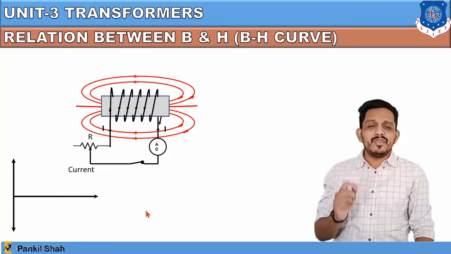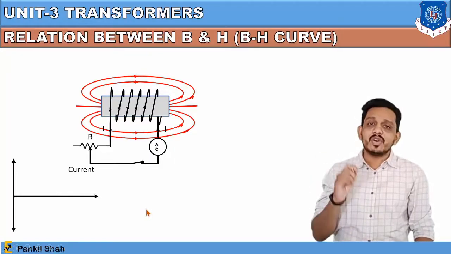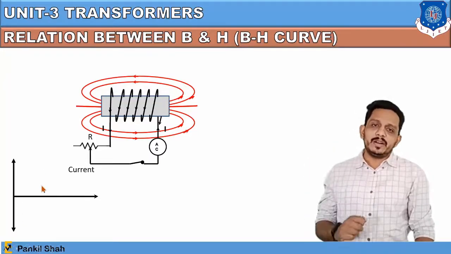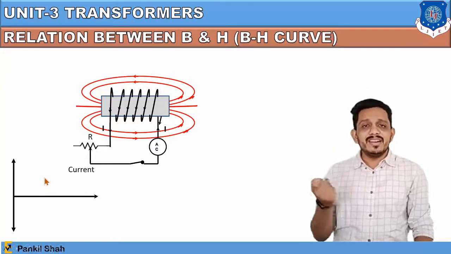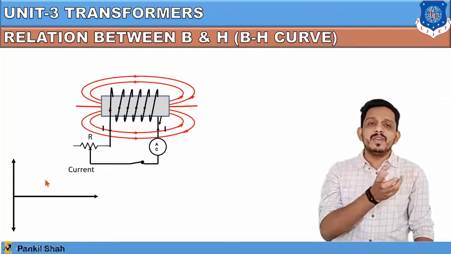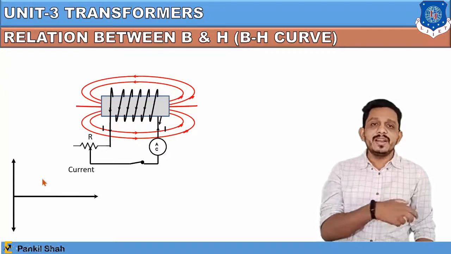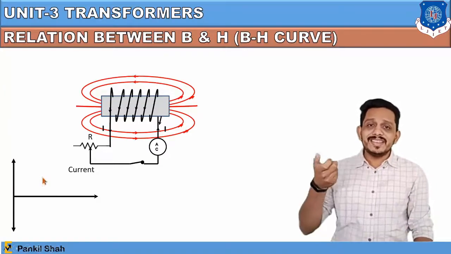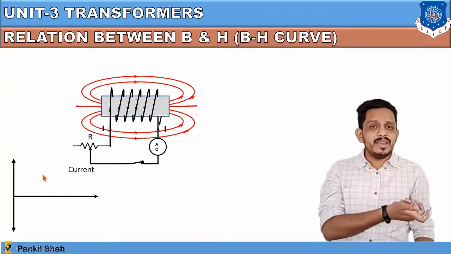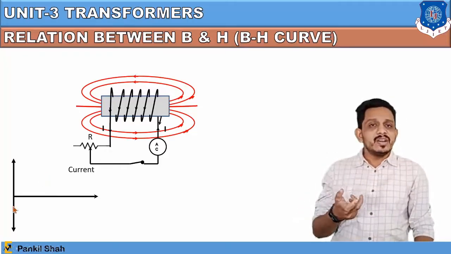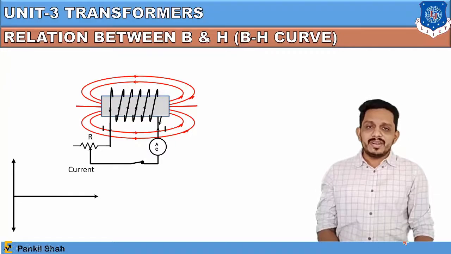Here we are taking one waveform of current, because we will take current as a reference and draw the B versus H graph. Meaning, if current is 0, what is the value of B and H? If current is increasing, what is the effect on B and H? If current is decreasing, or if current has changed its direction? So we will take one current versus time graph here.